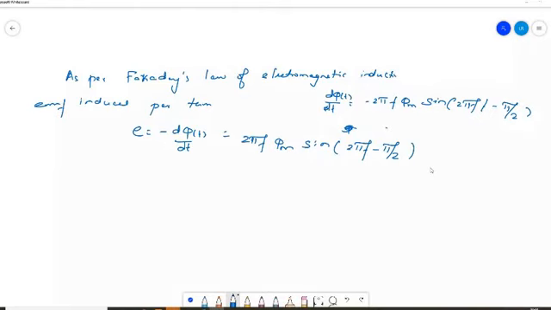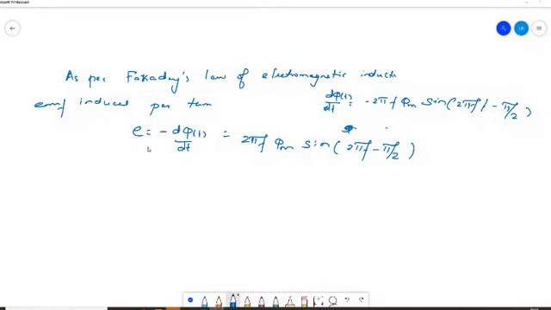So what is the physical meaning of this particular expression? It means that the induced EMF expression gives the relation between phi m and the induced EMF, and what is lagging and what is leading. So what is actually lagging?